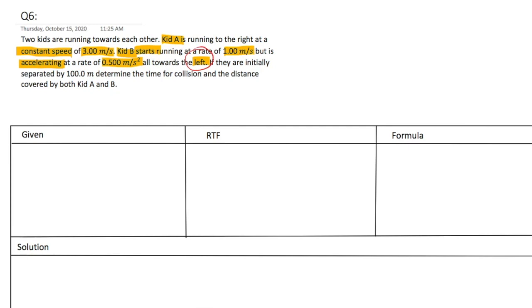If they are initially separated by 100 meters, determine the time for the collision and the distance covered both by Kid A and B. So again, we are looking for the time and the distance, displacement, of Kid A and Kid B. There's a lot of ands here. Let's clean that up a bit. And I use the Oxford comma too for good measure.